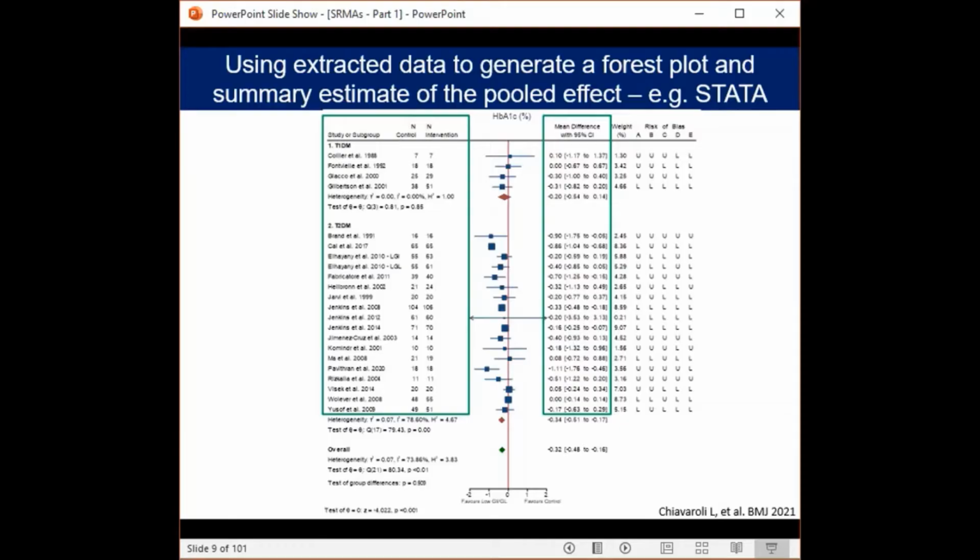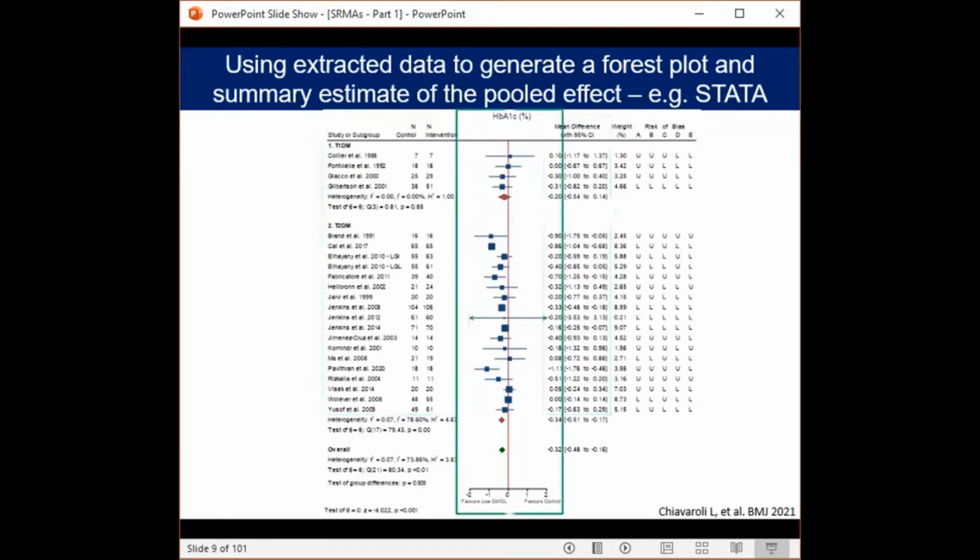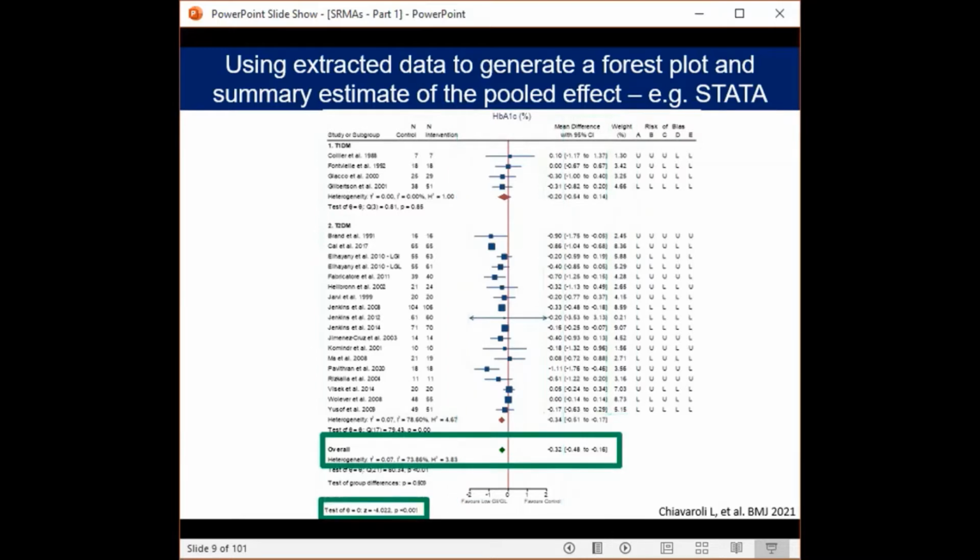STATA uses this data to create a forest plot, seen here in the middle, as well as calculating and presenting the weights of each study using the variance, and then the summary estimate of the effect for the pooled data, which we see here as the green diamond at the bottom. This green diamond represents the overall effect of all included studies.